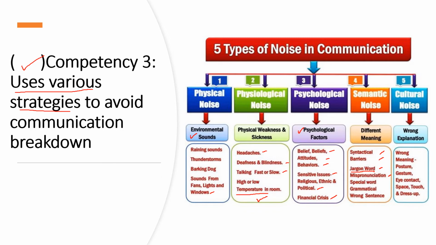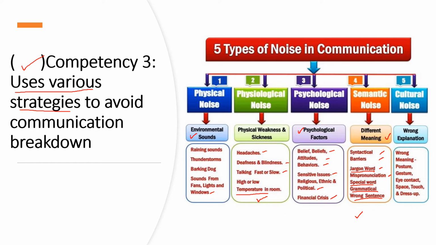Also, under this yung mispronunciation, spelling, grammatical errors, wrong sentence, it's under semantic noise. And usually, yung mga chismis, mapupunta yan sa semantic noise kasi nakakapagbigay ka ng iba't ibang meaning, kaya nga chismis.